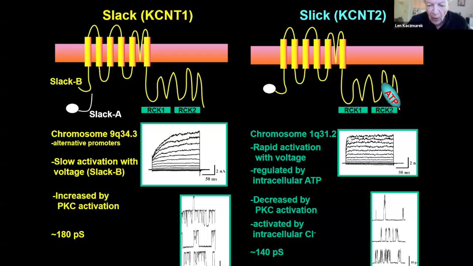The SLICK channel on the whole activates more rapidly when you jump the membrane potential to a positive value. And the bottom slides show the opening and closing of single channel proteins using a technique called patch clamping. Each of these little jumps represents measurements that we can make of a single channel just opening and closing.